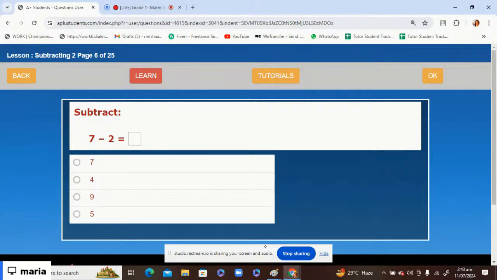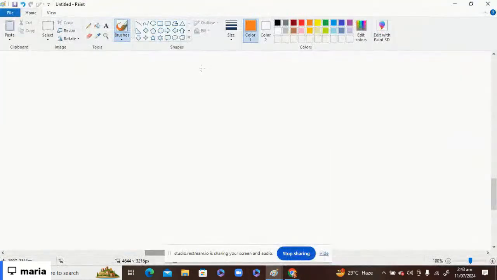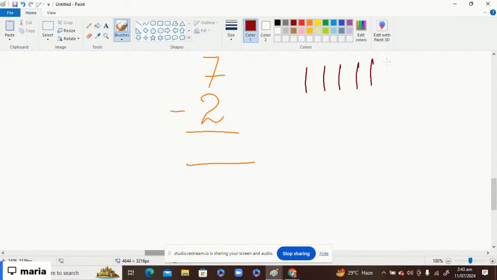So now here that is 7 minus 2. Let's solve it. It's 7 minus 2. So first of all, how many lines do you draw? 7 lines. Let's draw 1, 2, 3, 4, 5, 6, 7. And how many lines do you remove? 2 lines. It's 1 and then 2.